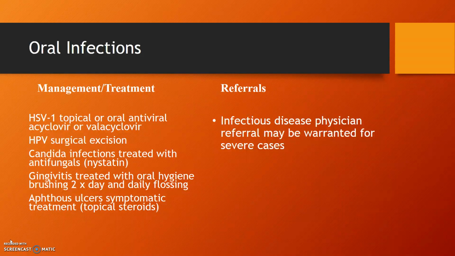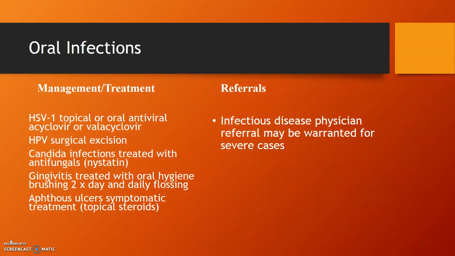When it is appropriate to intervene, you also have to consider that you can see secondary bacterial infection once these vesicles ulcerate. HPV is generally treated by surgical excision.